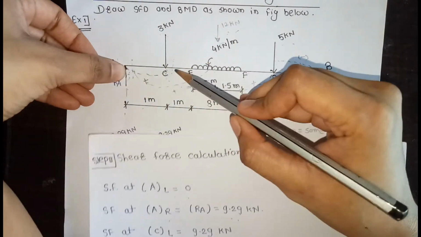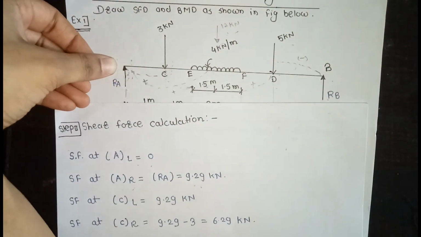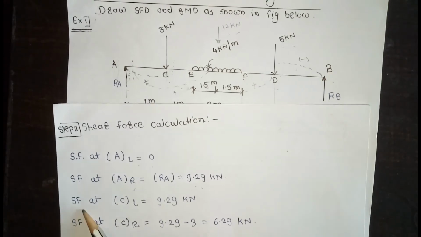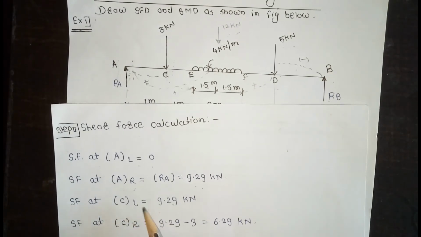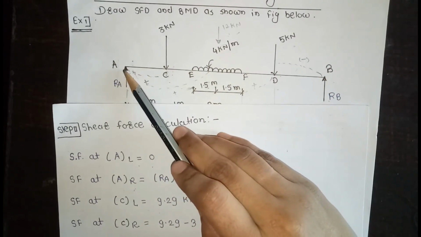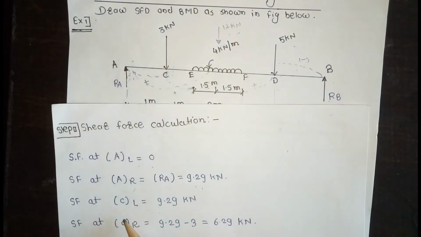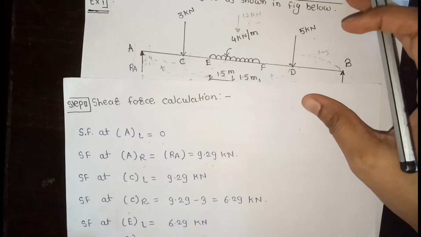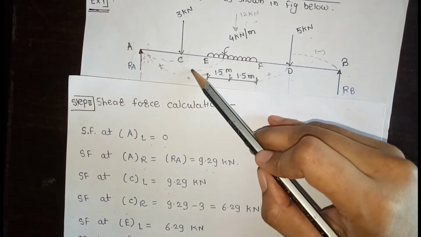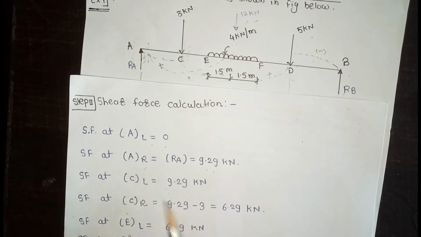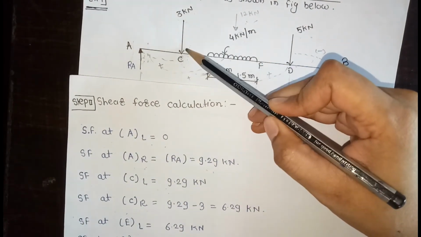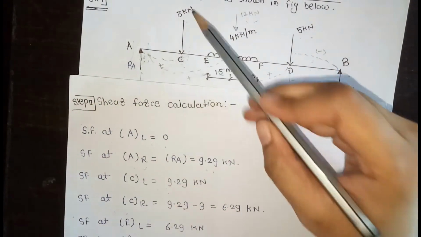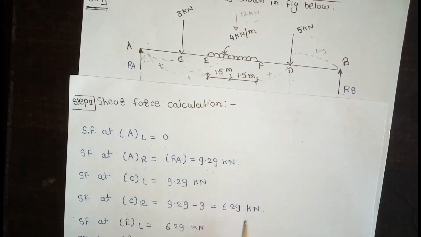Then shear force at C left. There is no force in between points A and C. Therefore, C left is equal to the previous value, 9.29 kN. Then shear force at C right is 9.29 minus 3, as this is a downward force. 9.29 minus 3 is equal to 6.29 kN.